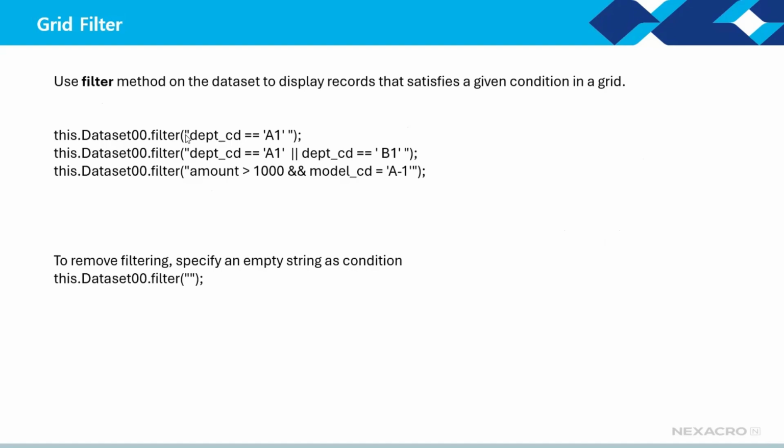For example, here filter department code equals A1, or you can combine multiple columns like amount greater than 1,000 and model CD equals 1. If you want to remove the filtering from the grid, you can specify an empty string as a condition for the filter.